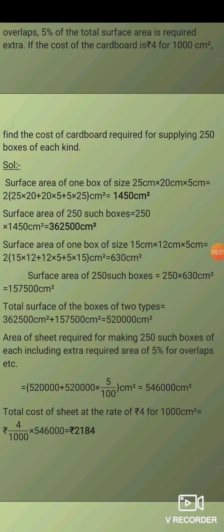Now area of the sheet required for making 250 such boxes of each, including extra required area of 5% for overlaps, etc. Okay, so 5% extra is required. So the first area 5,20,000 plus the 5% of 5,20,000 is equal to, at last what we get? 5,46,000 centimeters square.